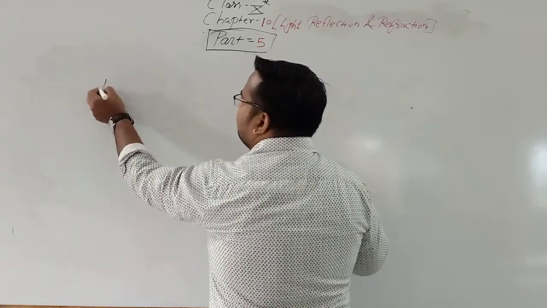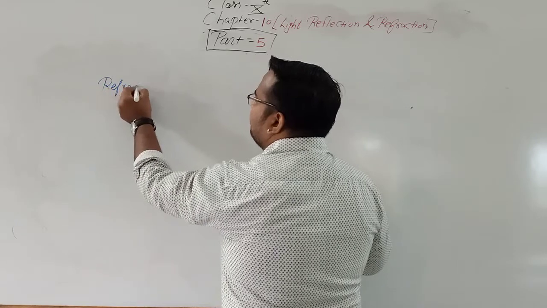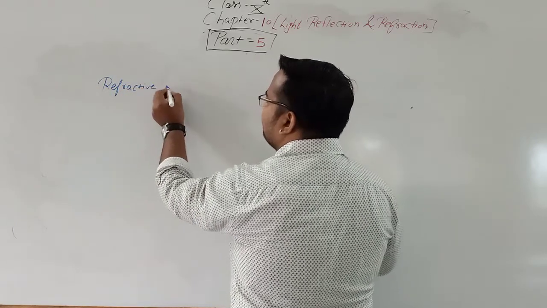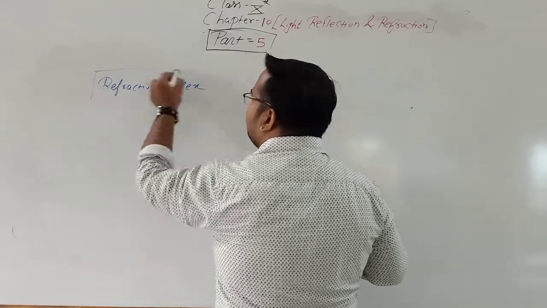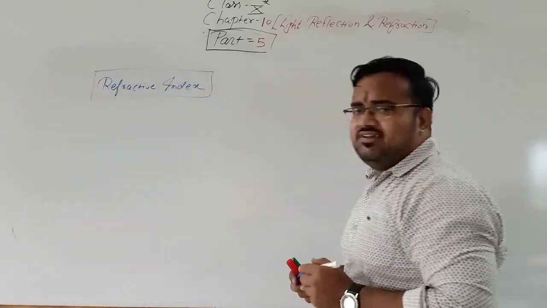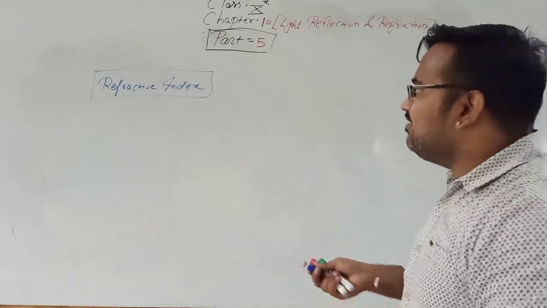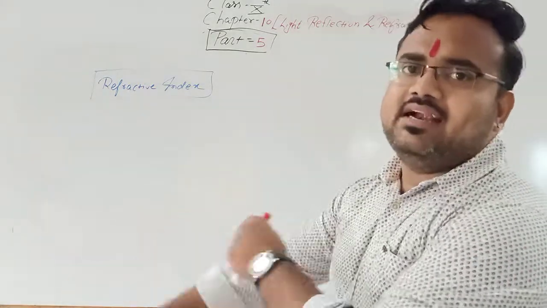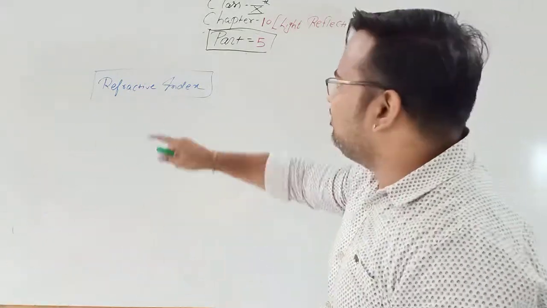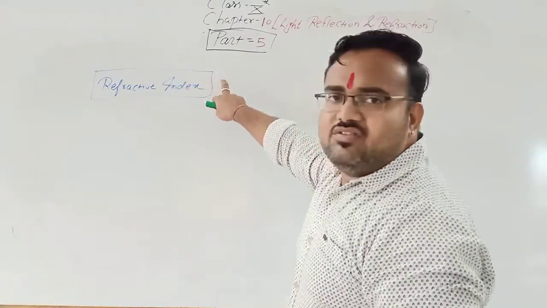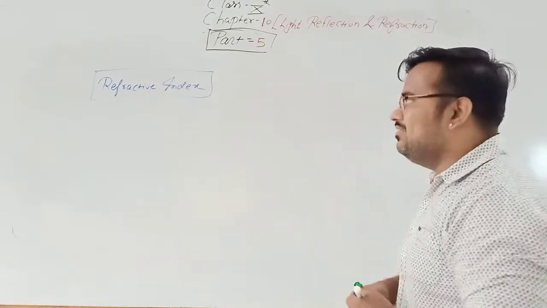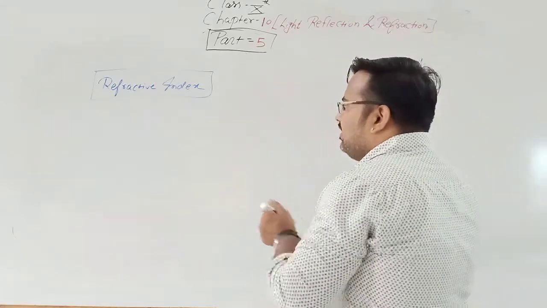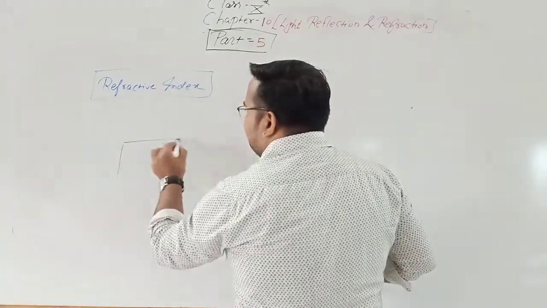Next concept is refractive index. What is refractive index? Now there is one concept in our notebook, that is optical density, and optical density is measured by a unit which is known as refractive index. What is optical density? Let me tell you. For example, a slab of glass is there.